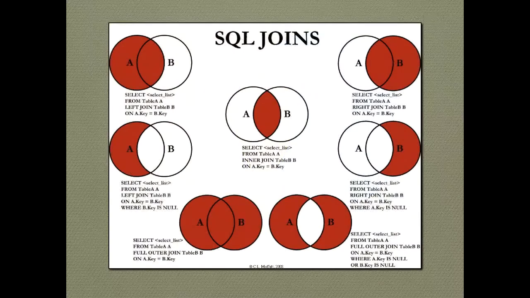Now, that's not the only kind of join we have. There are a lot. So I've borrowed this one from C.L. Moffat, and I'll probably get a cease and desist letter, but that's okay. It's a good diagram. The one that we've been working on is obviously the one right here in the middle, right? There's a set on the left A and a set on the right B, and we're looking for the football shape in the middle, and that is technically called an inner join.